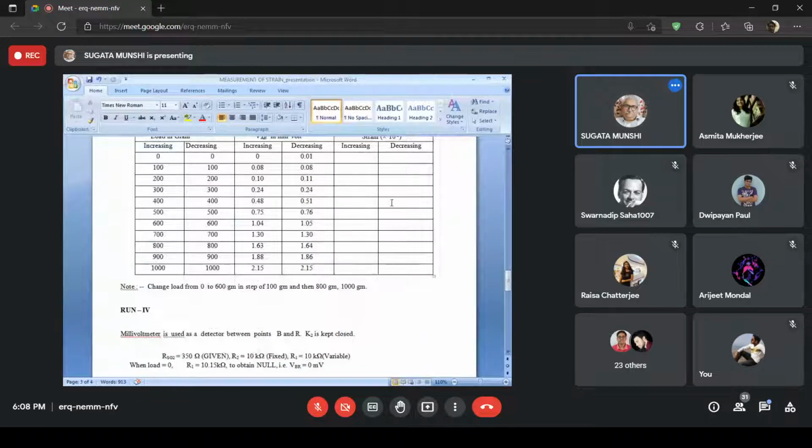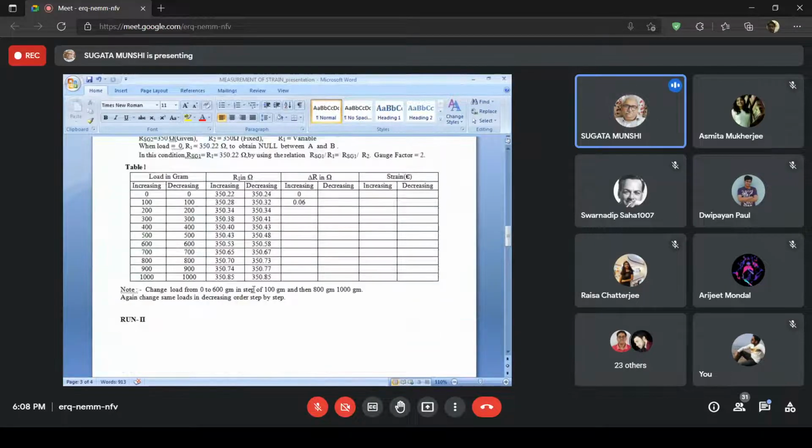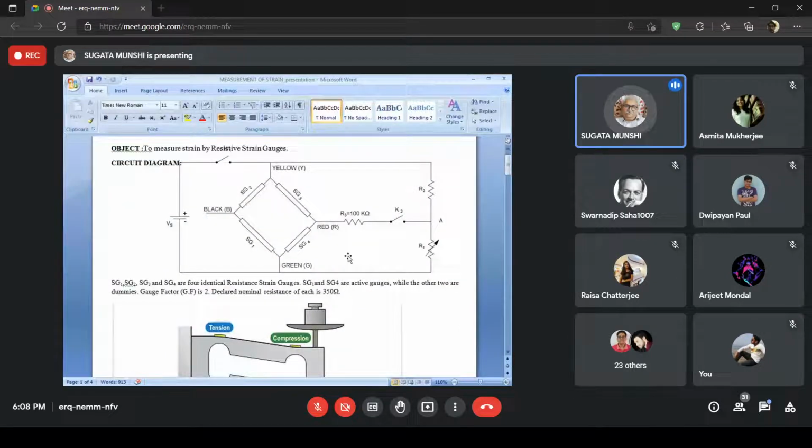Run 3. What sensitivity value will you use for run 4? You have changed the bridge configuration. How? You have closed it. Now you are using this bridge as the measurement circuit. So what will be the change in sensitivity value? Earlier you had one single active gauge and one dummy gauge.